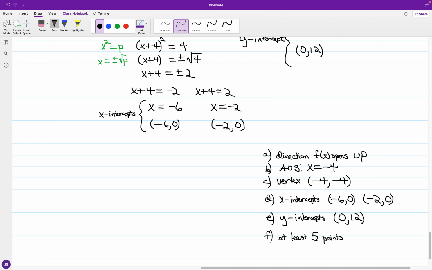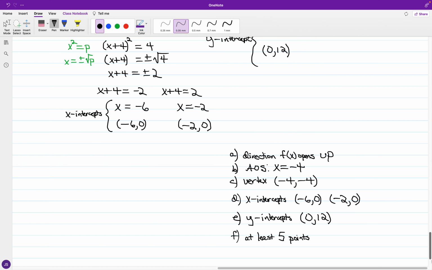Okay, so with the vertex and intercepts, now we've got 4 points. And I'm looking for at least 5 points.